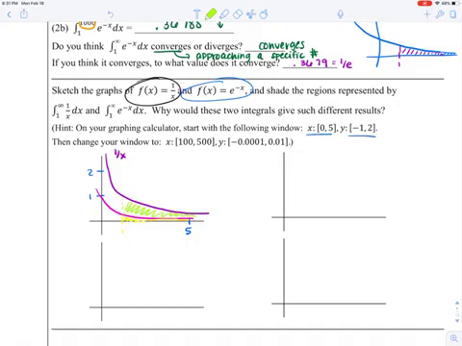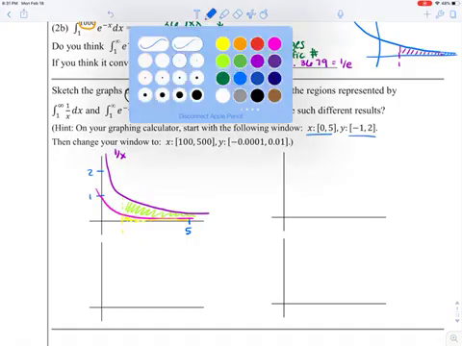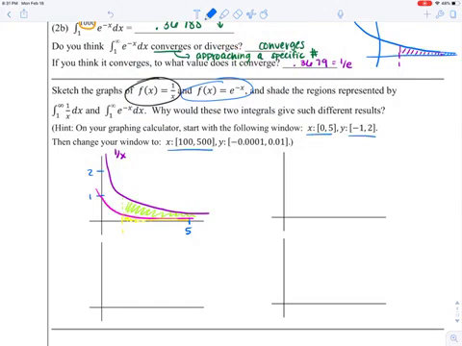really fast. This becomes even more obvious if we change our window to say 100 to 500.